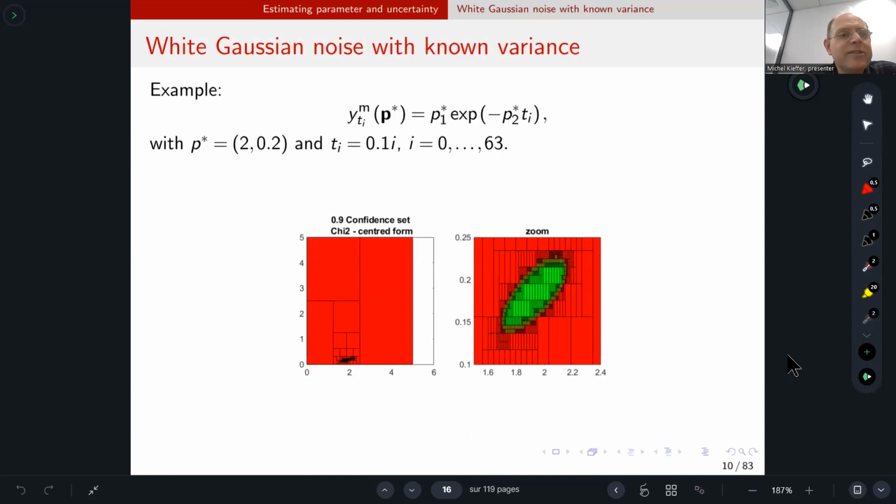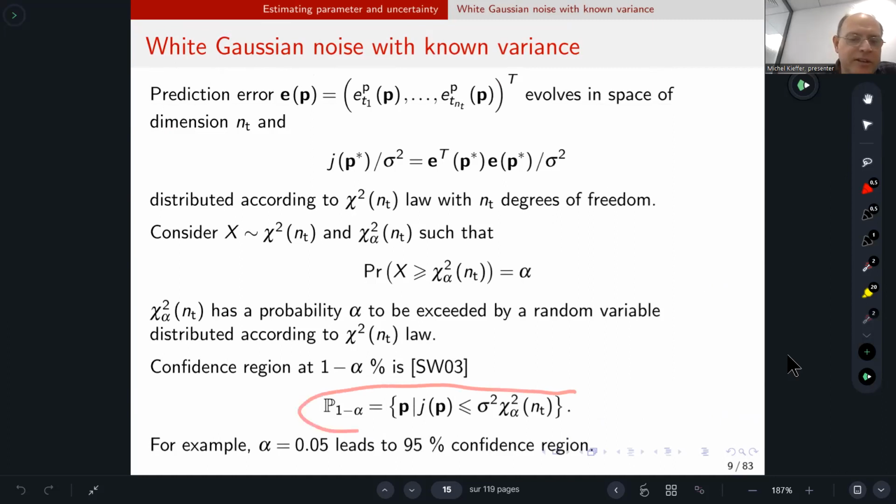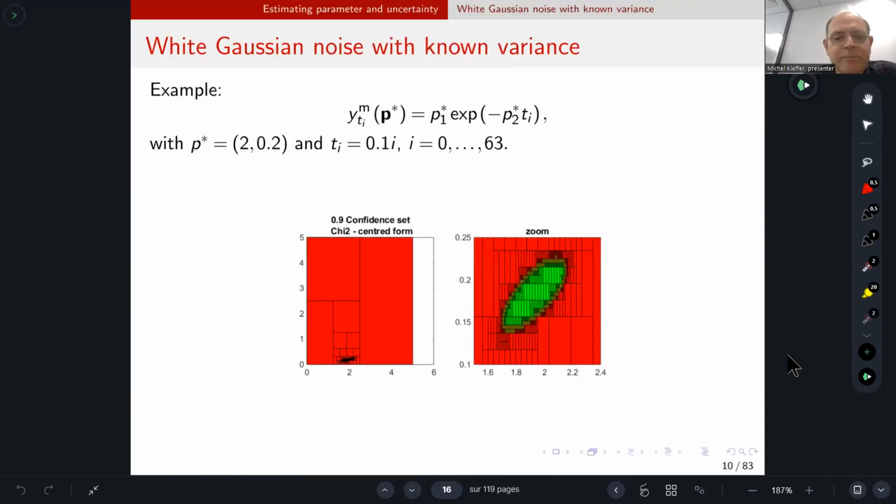We can illustrate this. For example, I take the hello world nonlinear estimation problem. Here you have two parameters, P1, P2 to estimate. I have chosen the true values of P1 and P2 like that. I have generated 64 measurements, adding some Gaussian noise with variance sigma square equal 0.01. And we are able to characterize the set that has been defined here using interval analysis, and we obtain this set here.